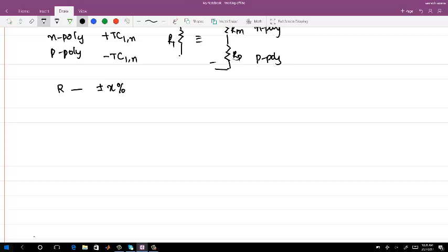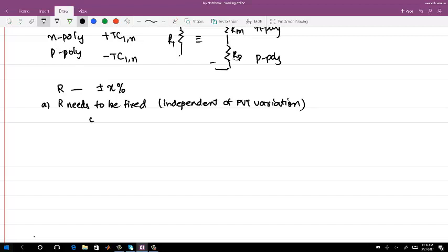One thing is I want to maintain a certain value. So let me give you two options. R needs to be fixed, made independent of PVT variations. Inherently you can't do it, so you have to compensate for the variation.